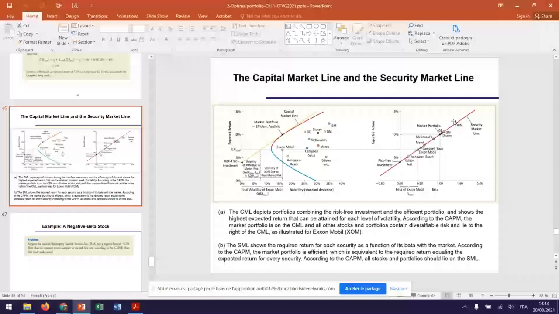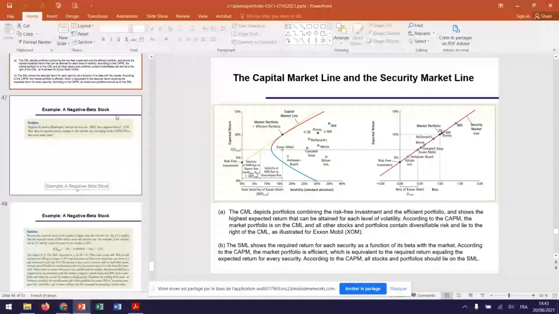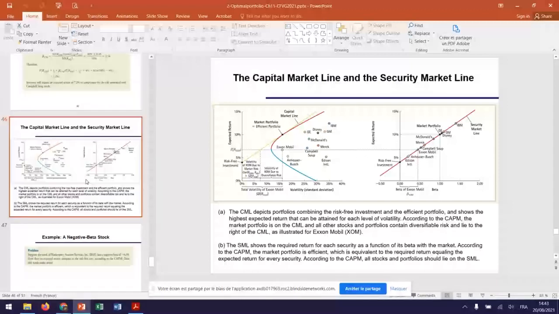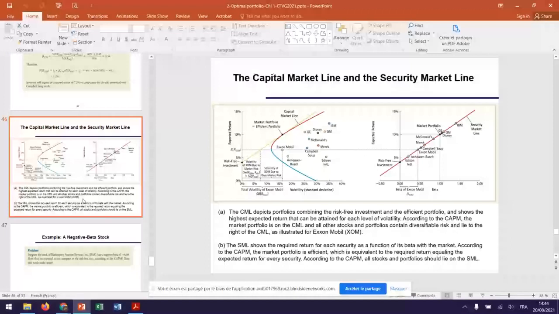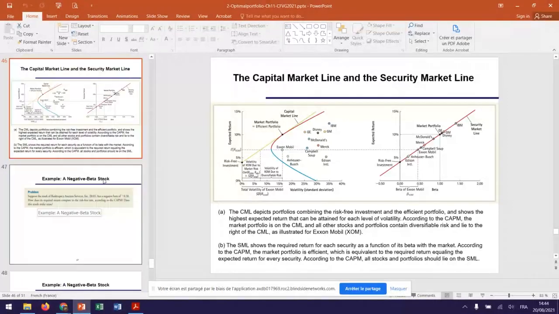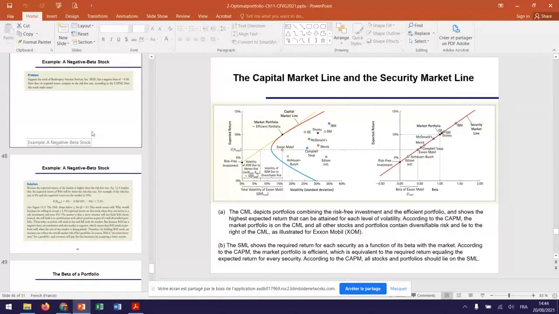Obviously, with real data they may diverge a little bit from the SML line; that's why we get the alpha. Most investors measure how you outperform based on the expected return when a fund manager makes an investment for you, instead of buying the market portfolio by yourself without anyone picking stocks for you.